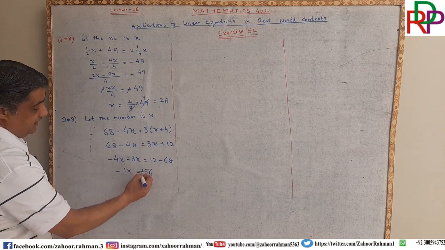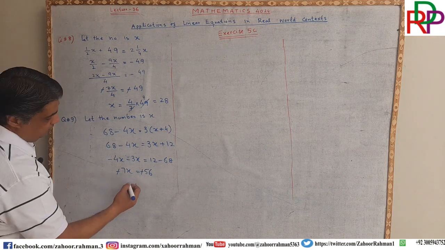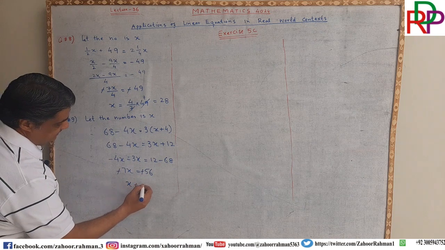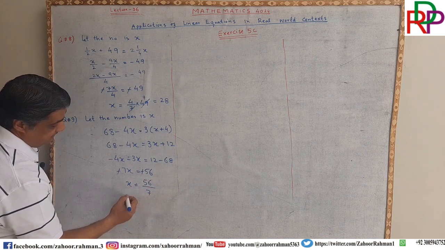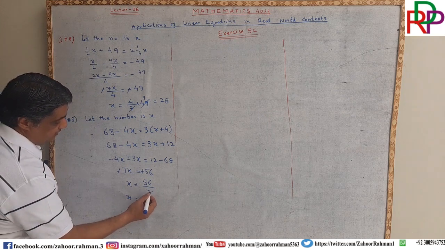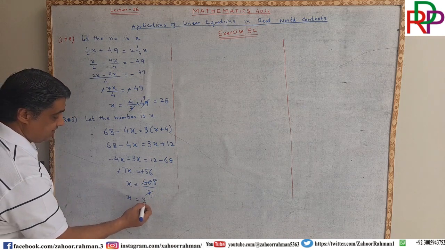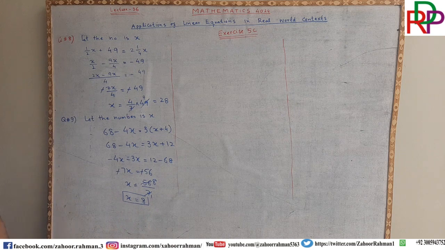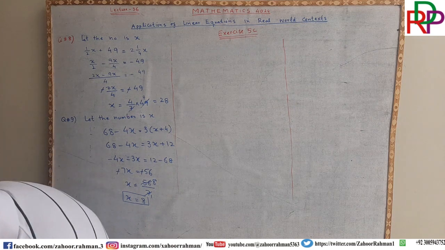So we have to cancel this negative with this symbol, and we have to leave x on this side. So 56 divided by 7, and that will be equal to 8, 7 8s are 56, so x is equal to 8. So we are getting this number is 8.